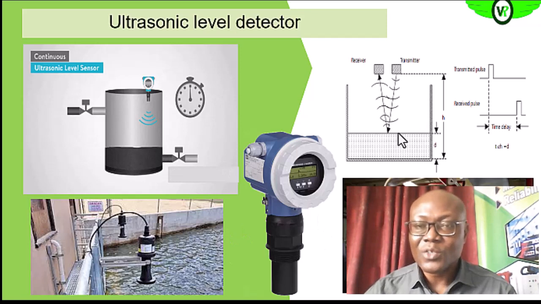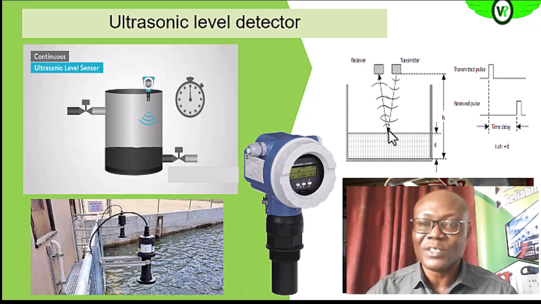So this is it. The transmitter emits the ultrasonic sound. It is reflected on the surface of the fluid and sent back. So the travel time gives us the level of fluid in the tank.